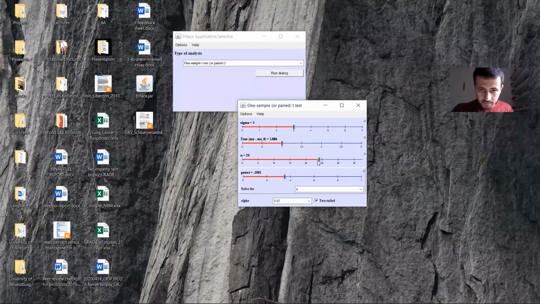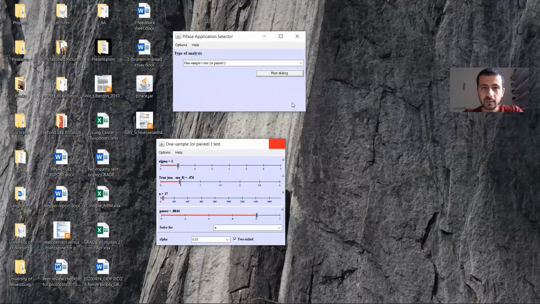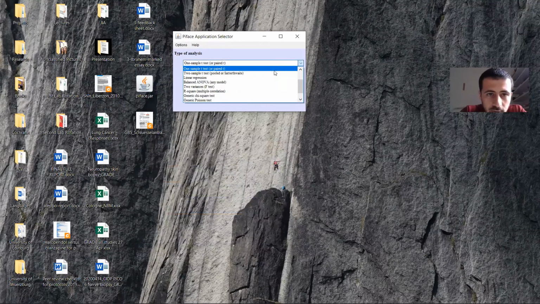I need a power of 80. Yeah, I will need about 80. So it's a huge difference between 4 and 80. Can you appreciate the concept in this? Let's move to the last calculator and finish this session.